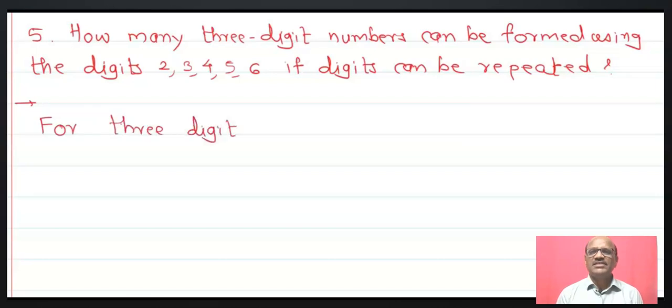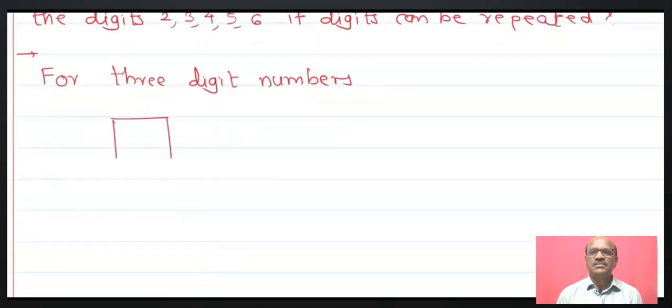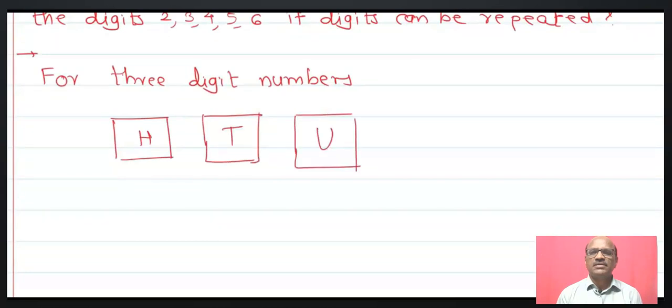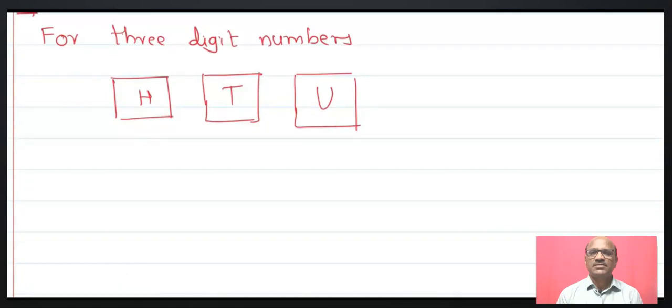For 3-digit numbers, 100, 10 and unit place.